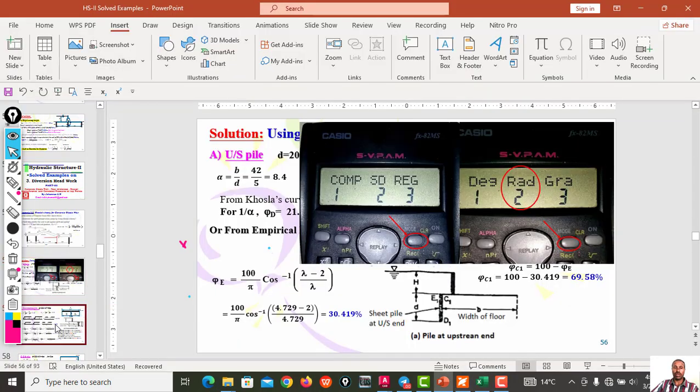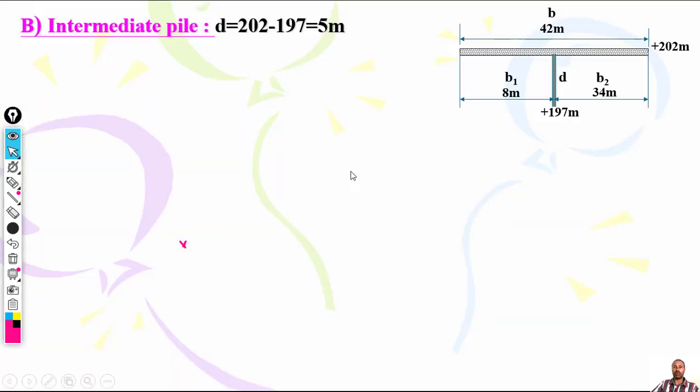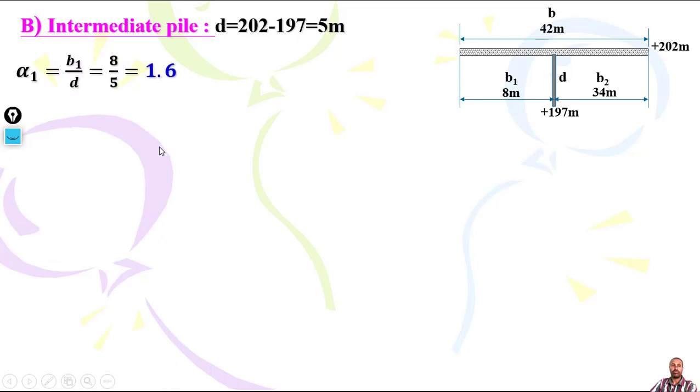So this is one. Then let's go to the second one, the intermediate pile now. For the intermediate pile, how do you compute? Let us see. You have to have alpha 1, which is b1 over d, 8 over 5, 1.6. So you have b1, which is the intermediate pile from the upstream pile, 8 meters.